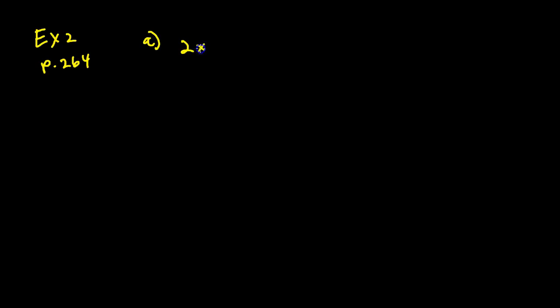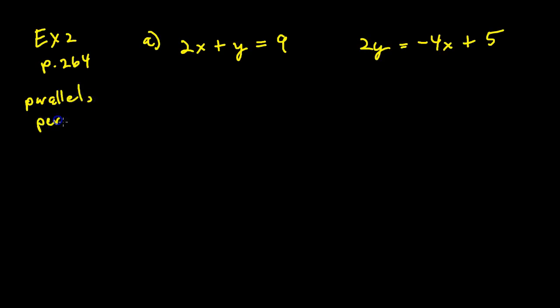The first line equation they give us is 2x plus y equals 9. The second line equation they give us is 2y equals minus 4x plus 5. The book asks us then, are these lines parallel, perpendicular, or neither?